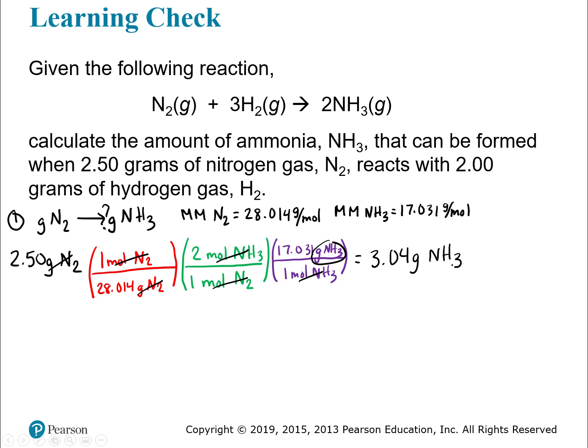That's the first part. If we had 2.5 grams of nitrogen gas and we were reacting all of it, we'd make 3.04 grams of ammonia. We have to do the same exact thing, only with the grams of hydrogen gas.